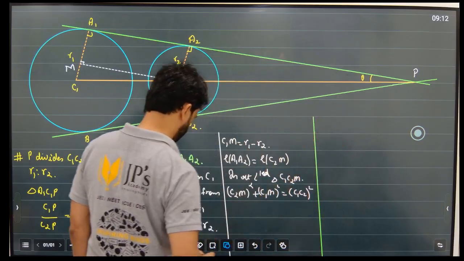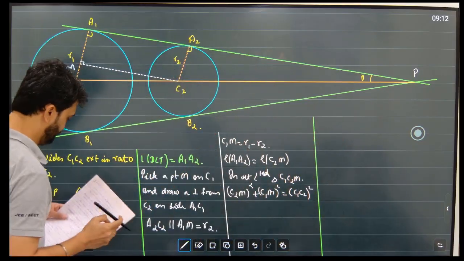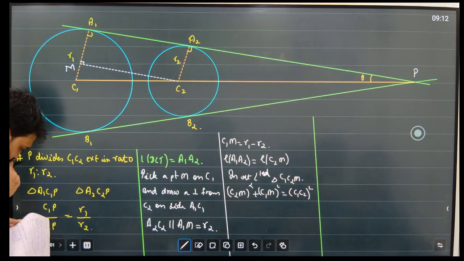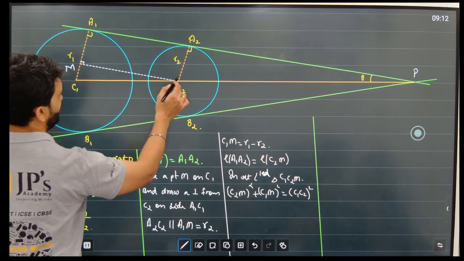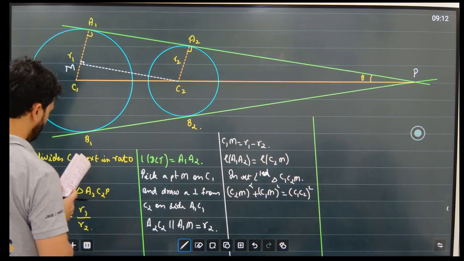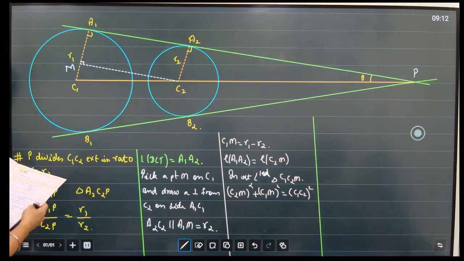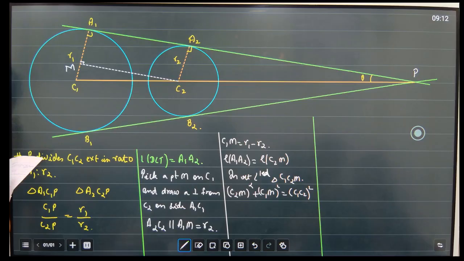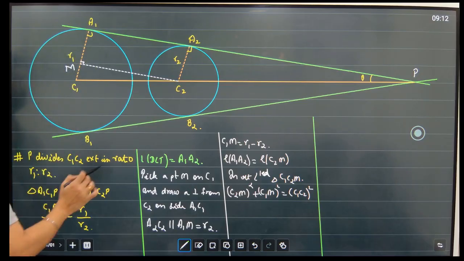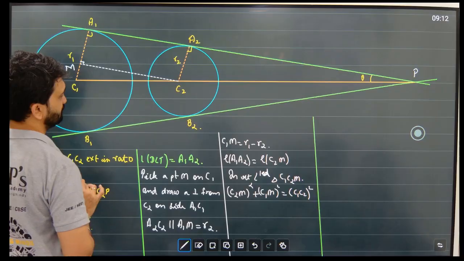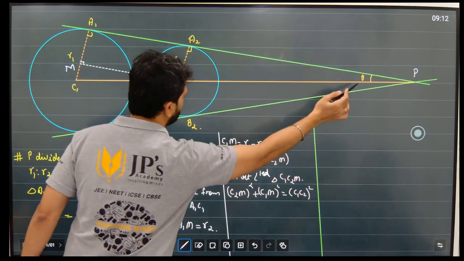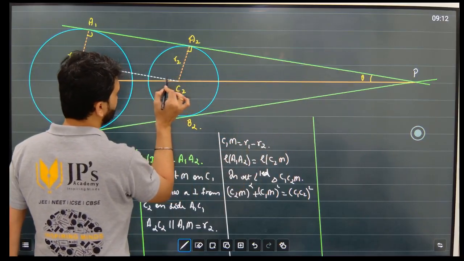This is your theta. Okay, if this is your theta, अगर ये theta है, so can you guys tell me एक और जगह theta आएगा? This is my theta. अब ये triangle में also, if that is theta, this is 90 degree.